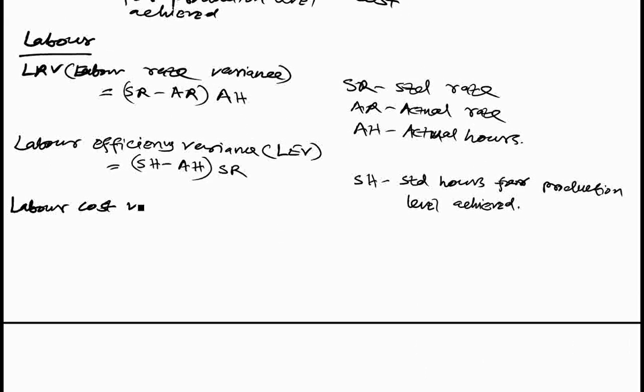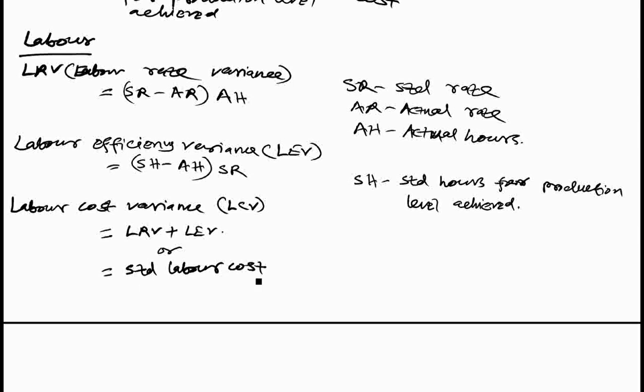Labor cost variance, which you can abbreviate as LCV, is equal to labor rate variance plus labor efficiency variance, or as we also said for materials, equal to standard labor cost for production level achieved minus actual labor cost.